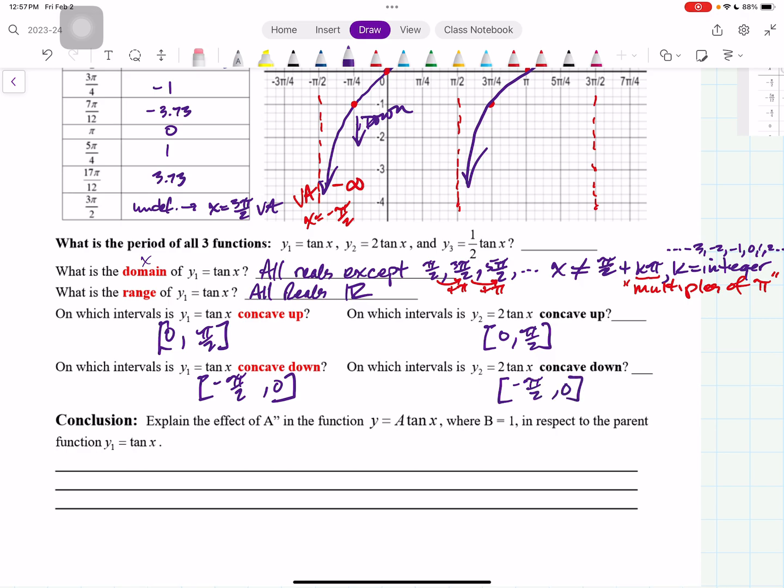Okay, and then lastly here, explain the effect of A on the function. So A stretches or shrinks the function vertically. Yeah, I guess you could say compresses, if you want to, the tangent function vertically.